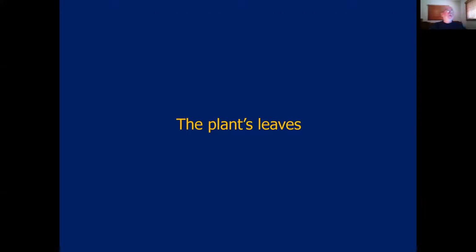So the subject we're going to talk about in the next part of this talk is the plant's leaves. The typical plant leaf, we symbolized it last week with the leaf of the common ivy or English ivy. You can see it here.